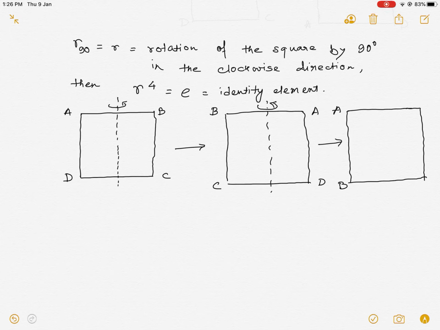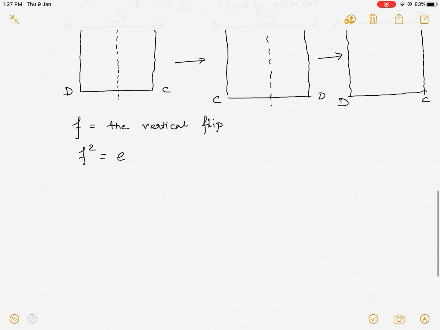So if we denote F as the flip, then we see that the order of F is 2. That is, on applying the flip twice, we get back the original square.